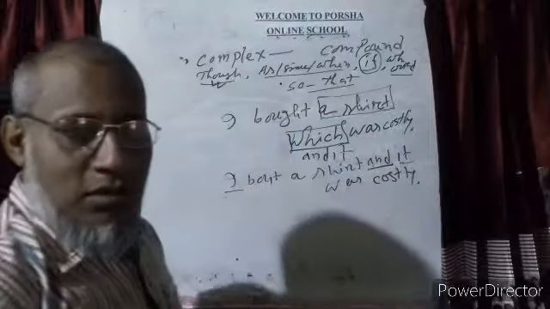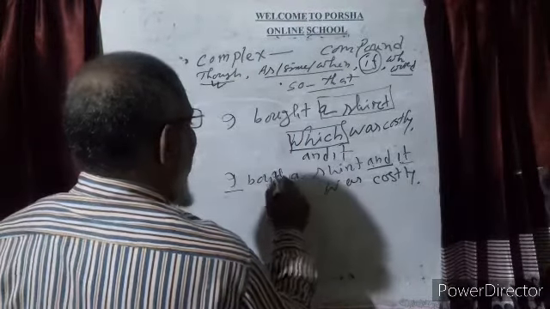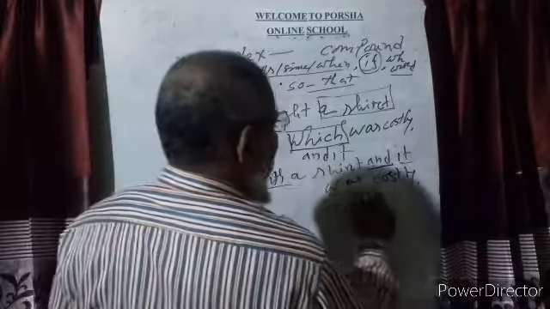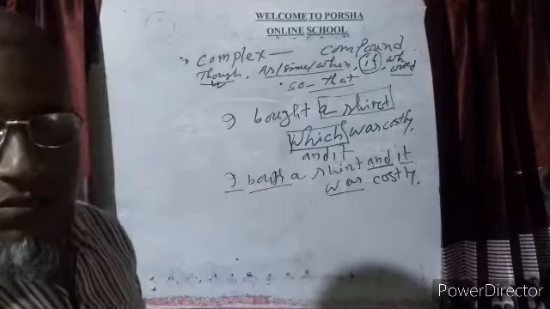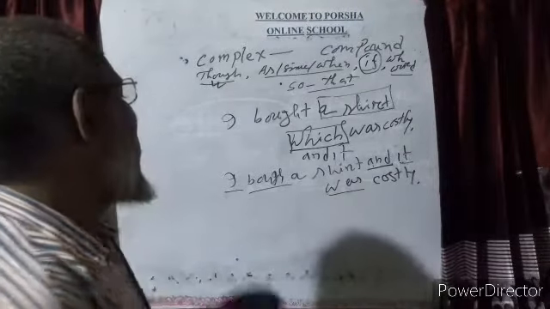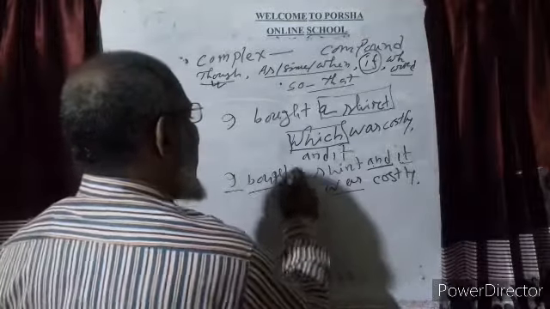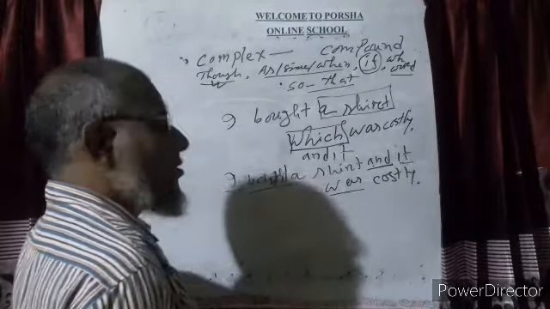Subject here I and here it, dissimilar, so both subjects will be used. Here verb bought and here verb was, verb also dissimilar, so verb will be used in both parts. So this is the right answer. I bought a shirt and it was costly.